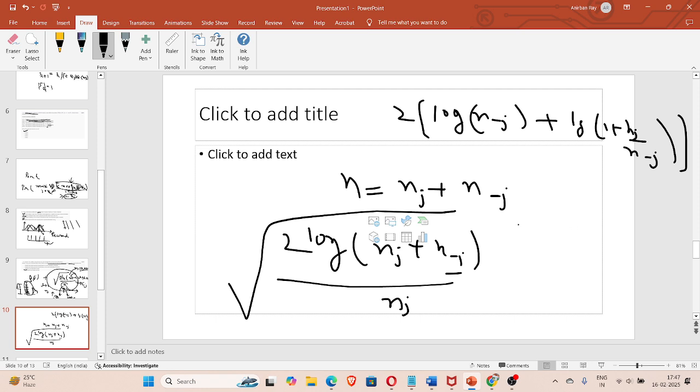I take this one common, and 2 times here and here.